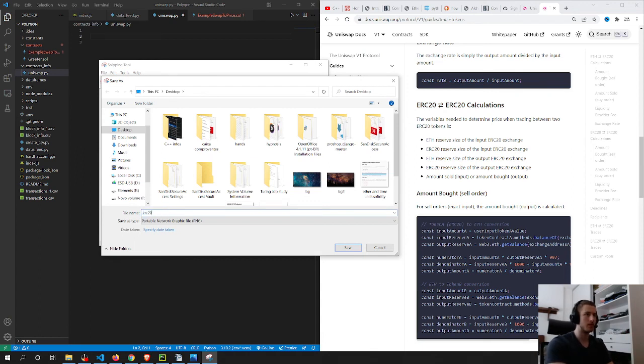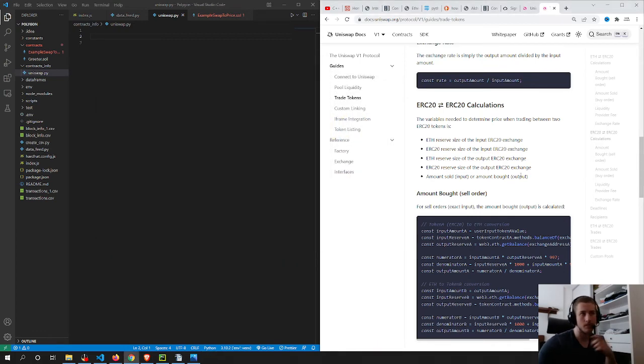So if reserve size of the input, ERC20 exchange, reserve size of the output, amount sold or amount bought.